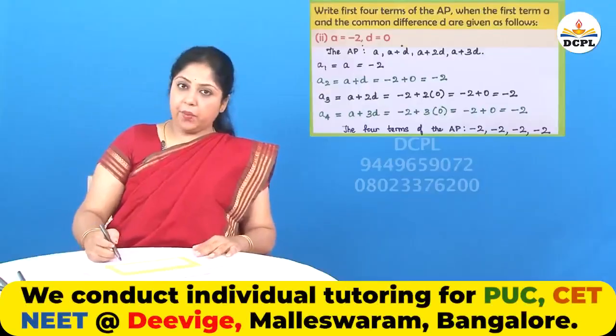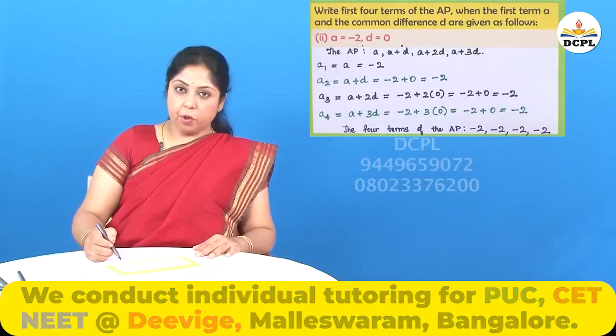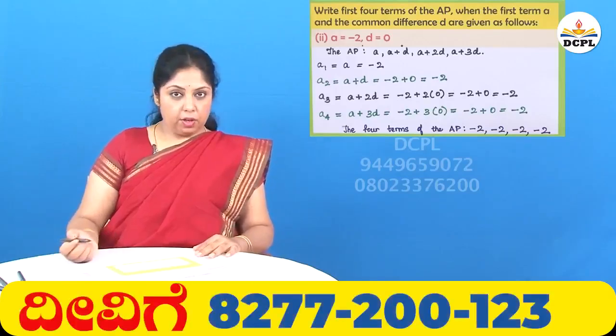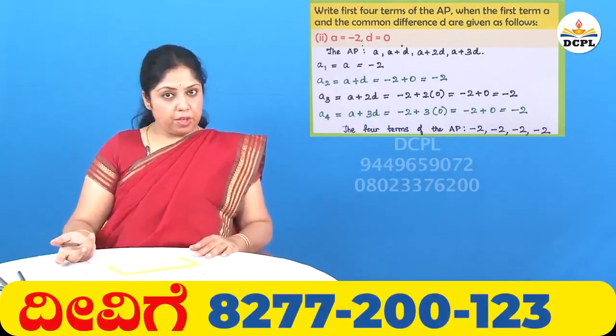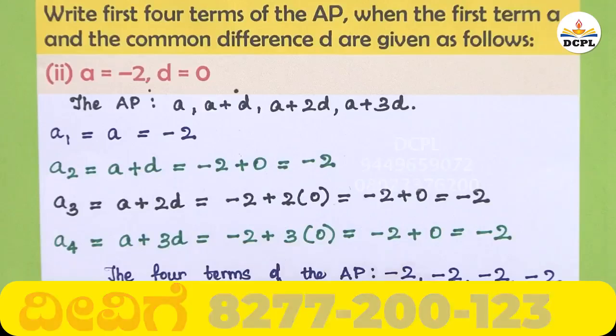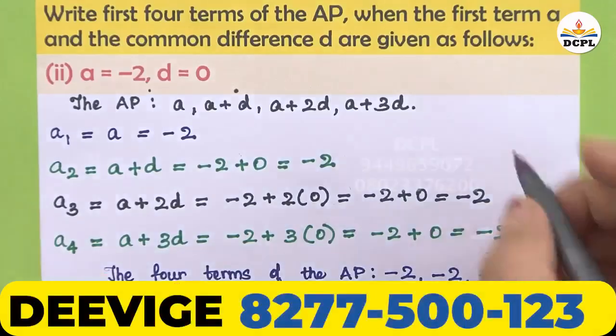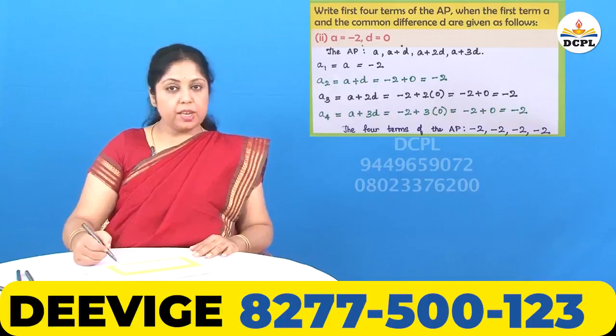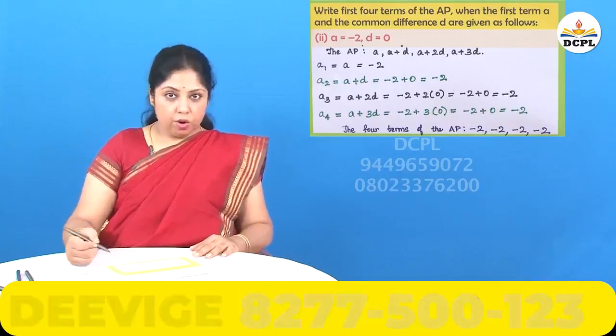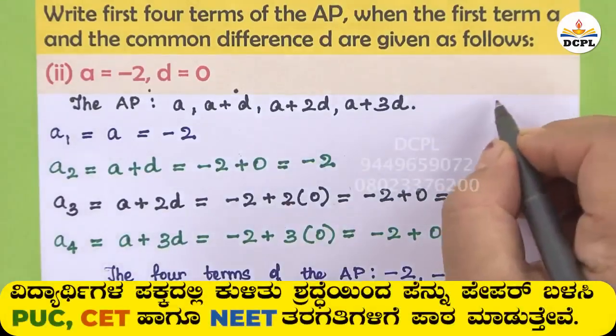Now how do we check whether the sequence that we have obtained is correct or wrong? As usual, all you need to do is find the common difference between the terms, that is the succeeding term minus the previous term. So just for your reference, suppose I need to check whether the sequence I have got is correct or wrong.